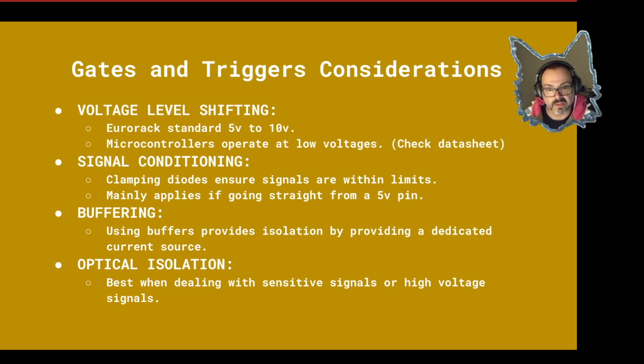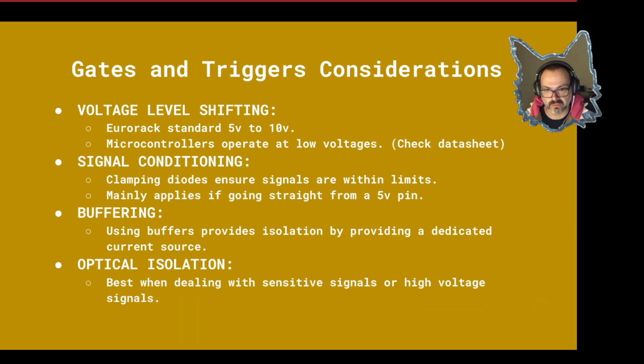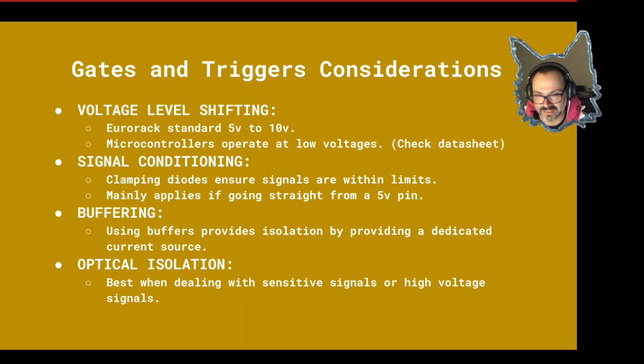Now, there's another added benefit that the buffering gives us, and that is that it provides a certain isolation between the circuits. Now, of course, it's still electrically connected, right? We still are sharing a ground and pin, so it's not really isolation that we're talking about. If we really want true isolation, then we would use something like an optocoupler.